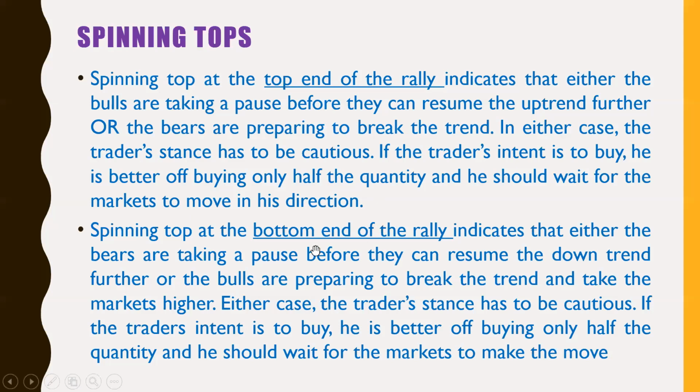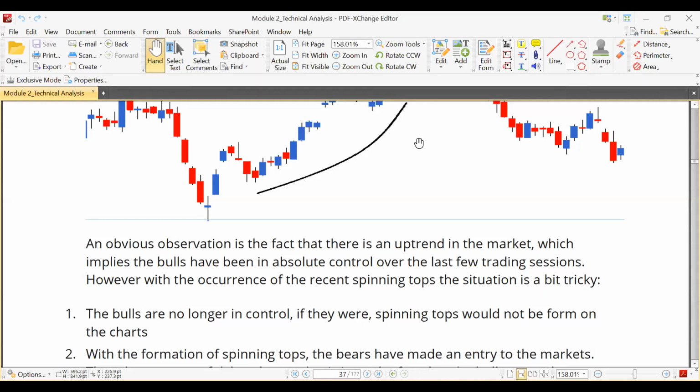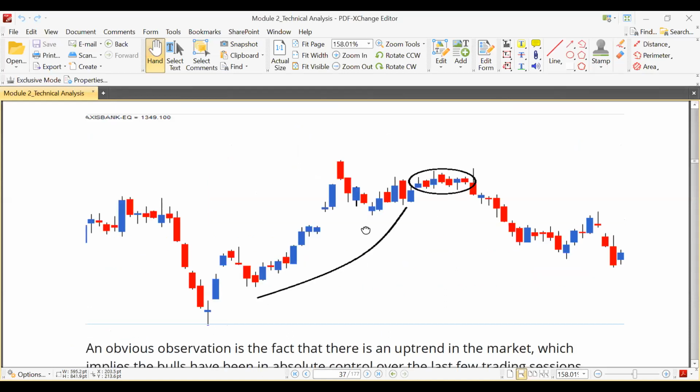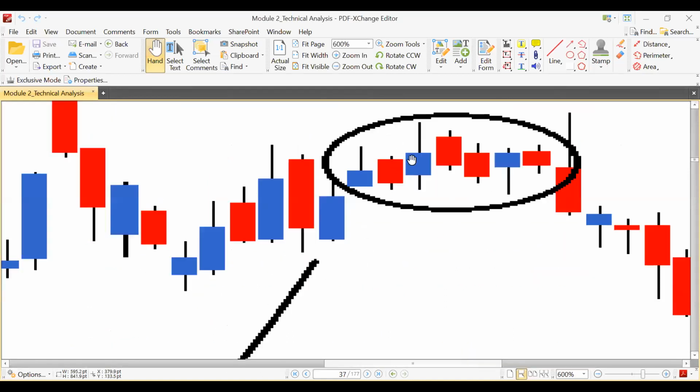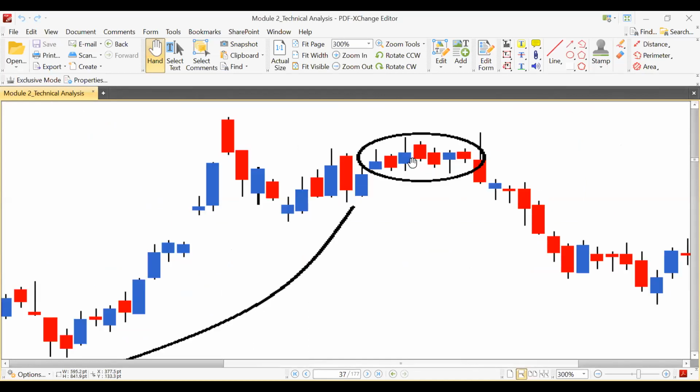Now you can see the spinning top here, the blue one. When the market is in an uptrend, from here it's all the way up, and now this is the spinning top. A spinning top at the top of the trend means anything can happen.